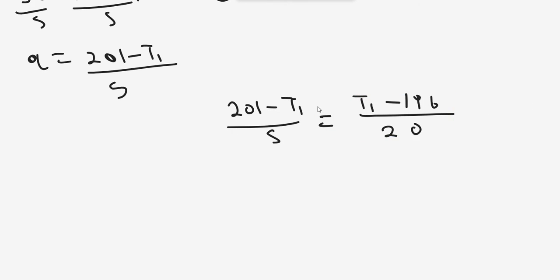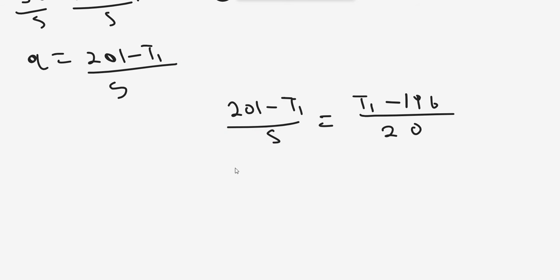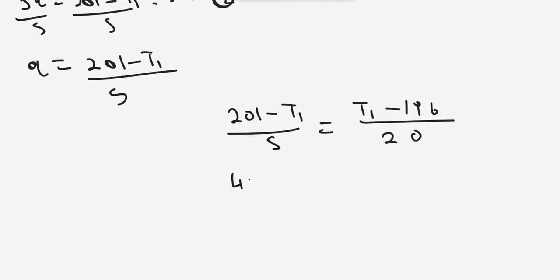And then now we're solving for T1, and we're going to cross multiply. When you cross multiply, it starts on this side. 201 times 20 equals 4020. So it's 4020 minus T1 times 20.